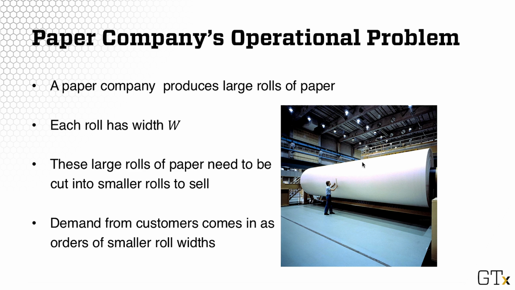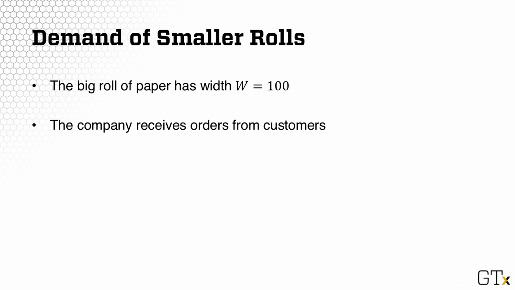For example, this big roll has, I don't know, 30 feet. The smaller rolls come in much smaller widths. This huge roll can be 100 feet, and the smaller rolls come in smaller widths and different quantities. For example, the big roll of paper has width W equals 100 units, whatever that unit is, and the company receives orders from customers.